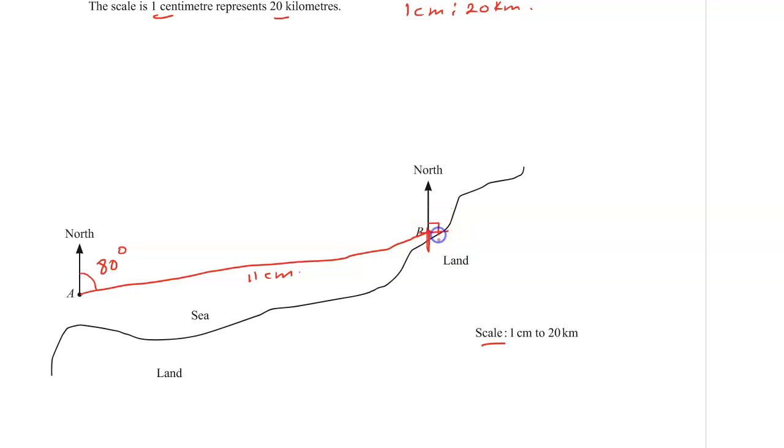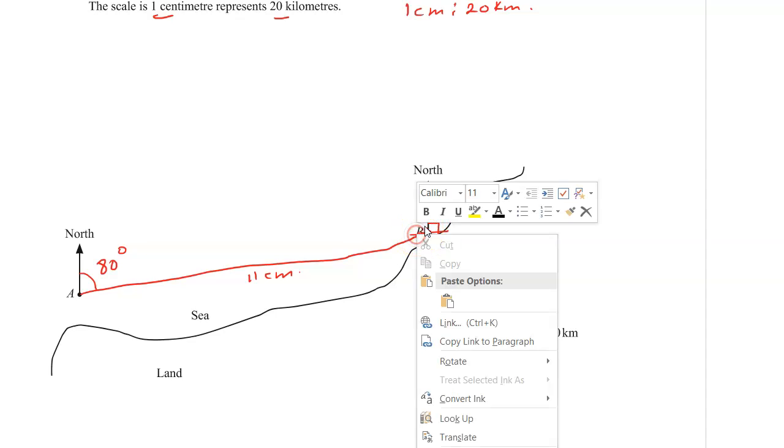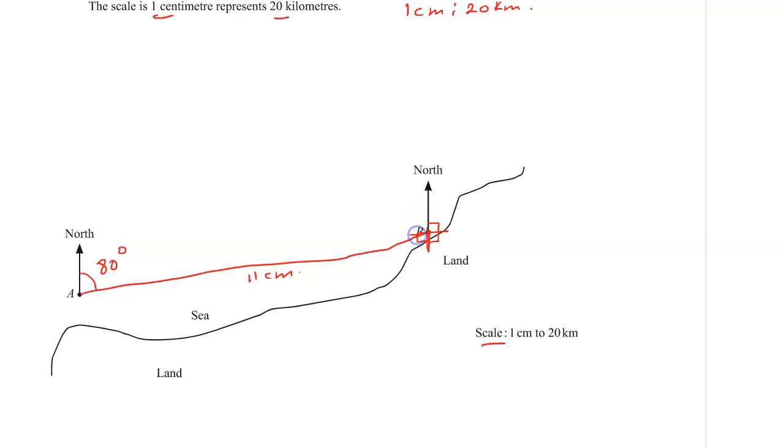This is 90, this is 90, this is 90, that's 270. So you measure 30 degrees from here in this direction, and then you draw a line there. Here to here is 30 degrees in that direction.